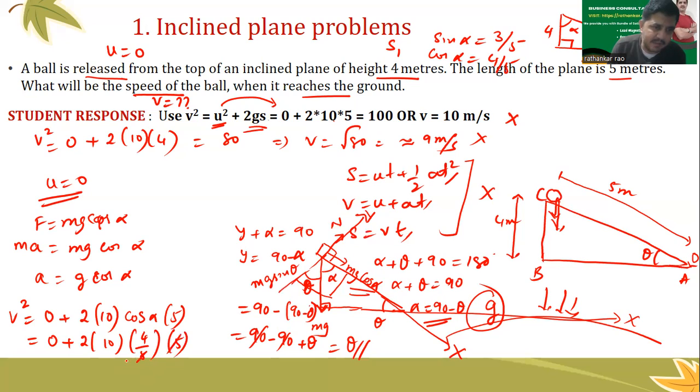And this 5 and this 5 goes away. So 2 into 4 into 10 will be equal to 80. Right? So 80, meter square per second square. And thus we get v square equal to 80, v should be equal to square root of 80, which is nearly equal to 9 meter per second.